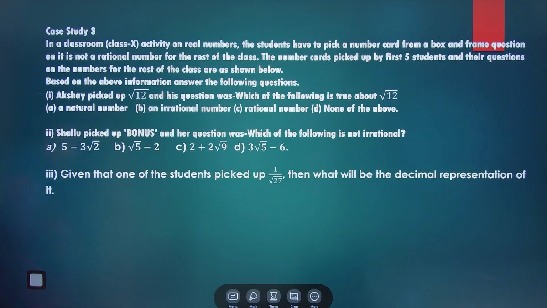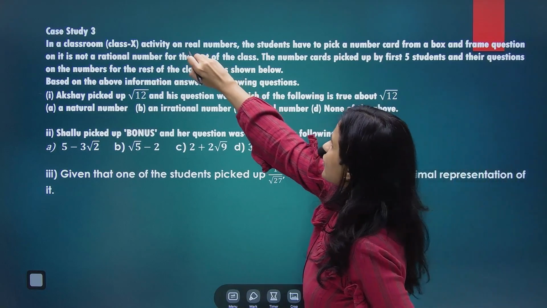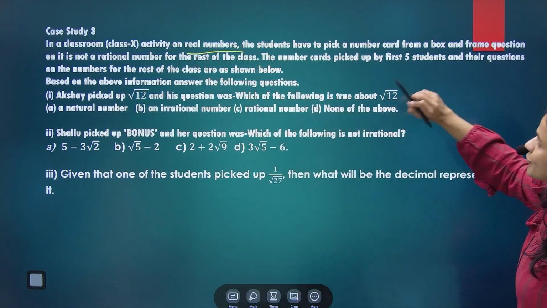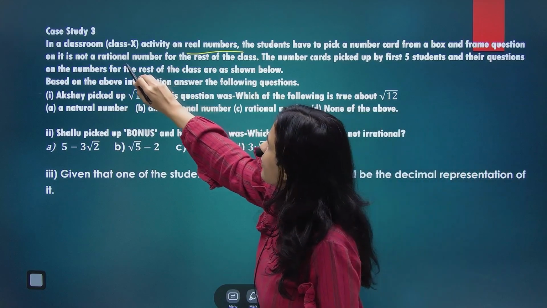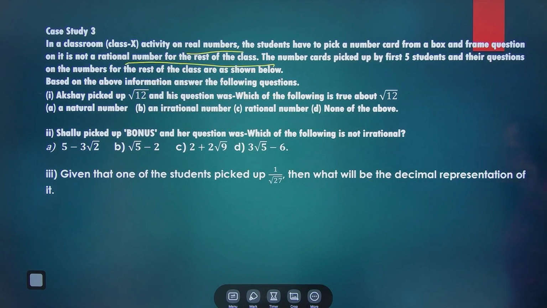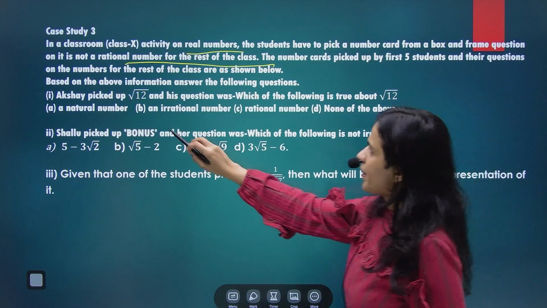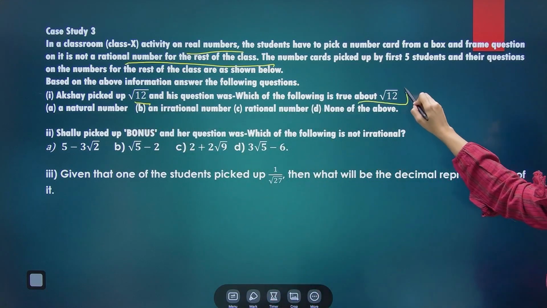In a classroom activity on real numbers, क्या होते हैं? Rational plus irrational numbers. The students have to pick a number card from a box and frame a question on it. Is not a rational number for rest of the class. The number cards picked by 5 students and their questions for rest of the class are as shown. Akshay picked up root 12 and his question was, which of the following is true about root 12?